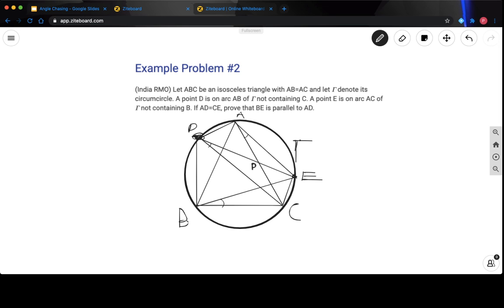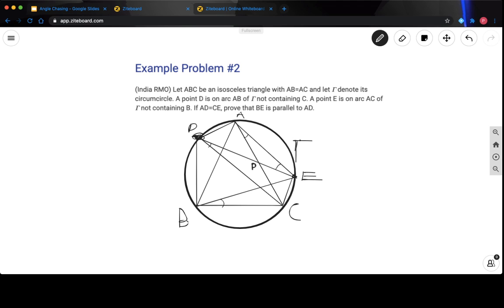However, we are also given that AD is equal to CE. So arc DA is equal to arc CE, which means that angle AED is then congruent to all these angles as well, right?